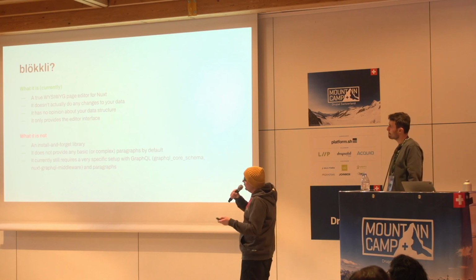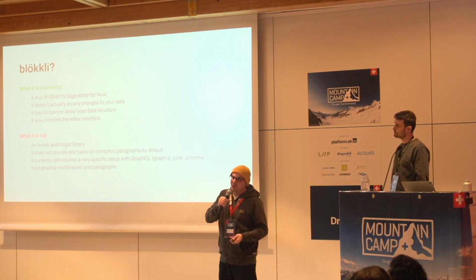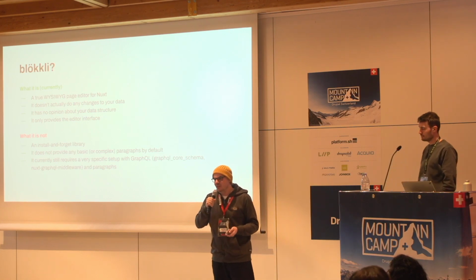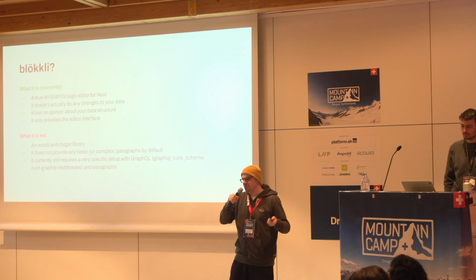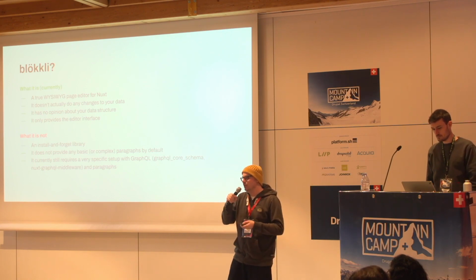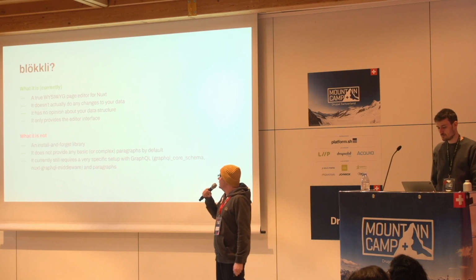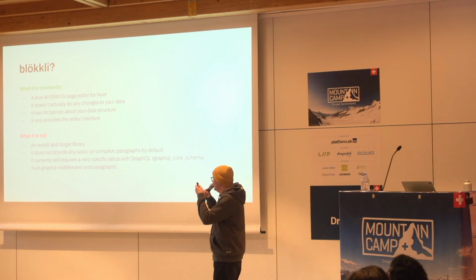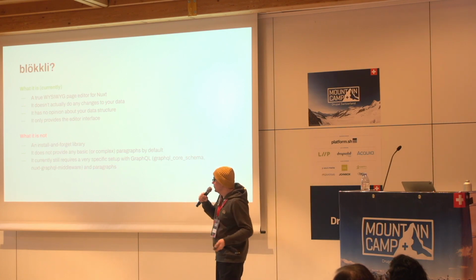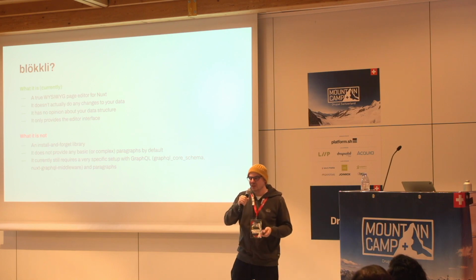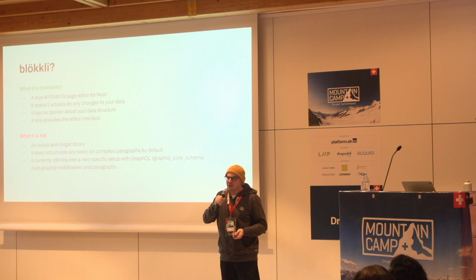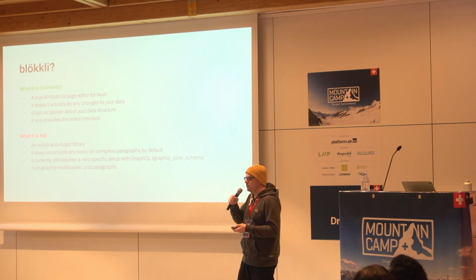And it also has no opinion about your data structure. So in theory, you could also use it with Layout Builder or with any data structure, be it Drupal or something else. And what is it not? I think that's important. It's not something you can just install and forget and it just works. It doesn't even try to be that. Something like Gutenberg is much better for this case because you can just install it.